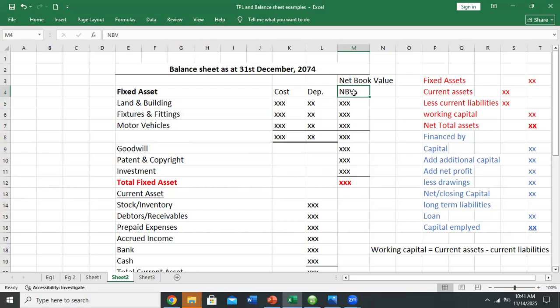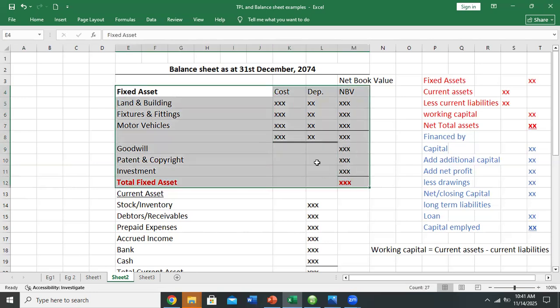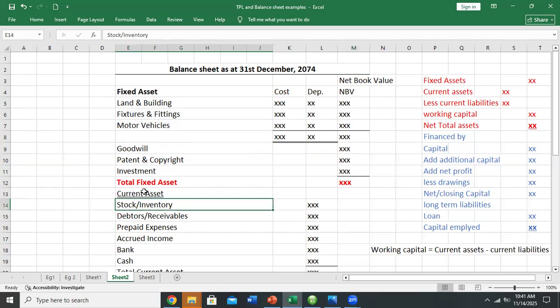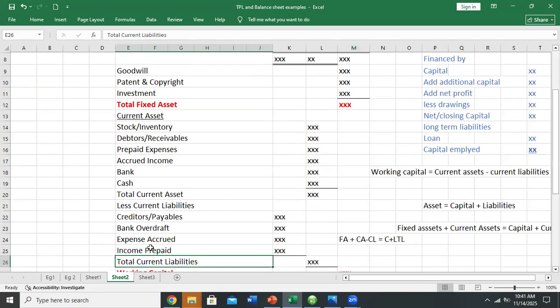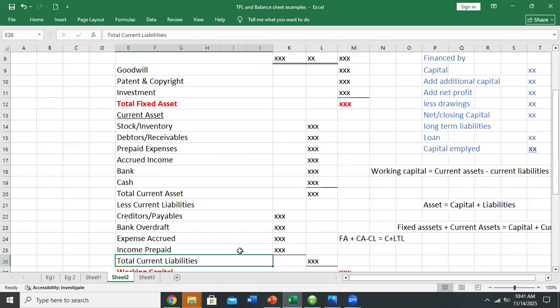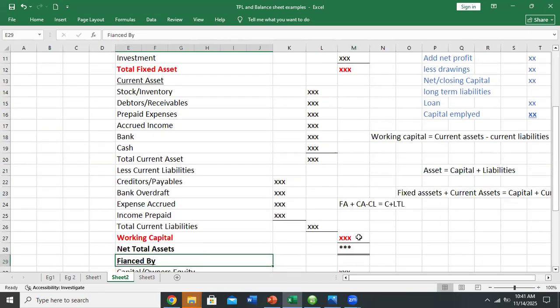That's the work you do around the fixed assets. After you have gotten your total fixed asset, you look for your working capital. You list your current assets, then you less your current liabilities from it to get the working capital. The working capital now adds on to the total fixed asset, and you get the net total assets.